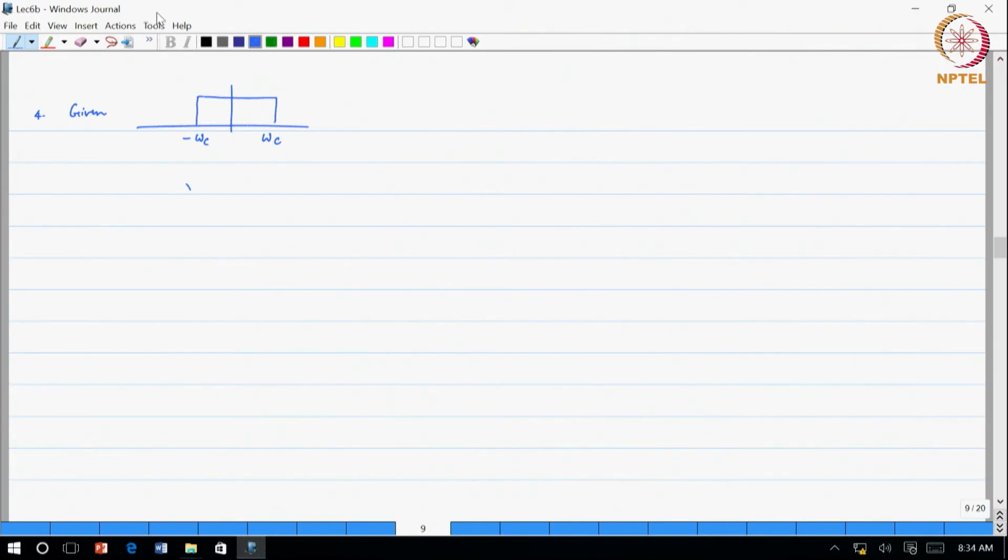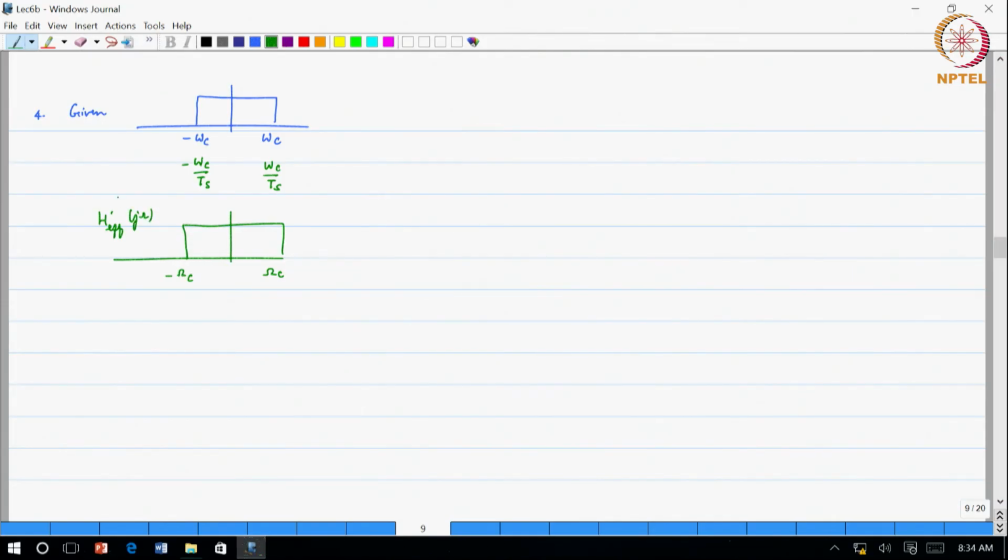Or in other words, the effective filtering is going to be from minus omega c by Ts to omega c by Ts. Or in other words, if I can relate it into the continuous time, I am going to be filtering with a filter which basically goes from minus omega c to omega c. This is HEffective of j omega.